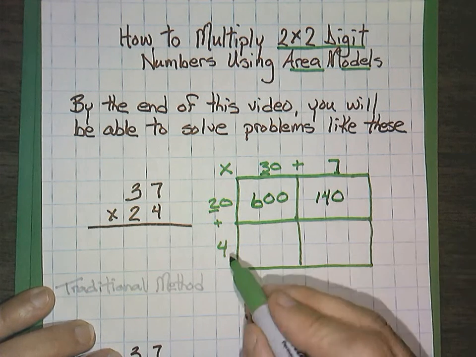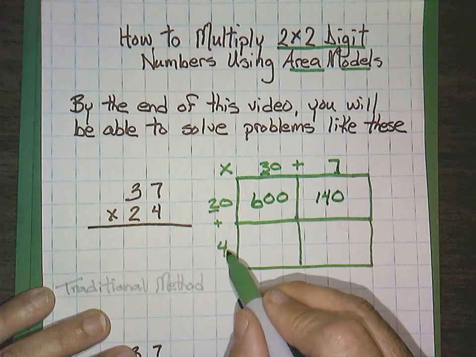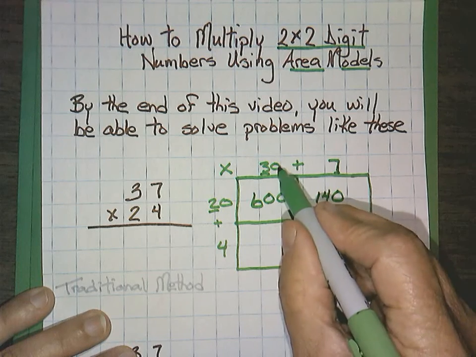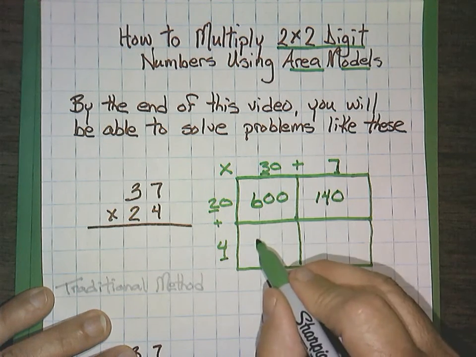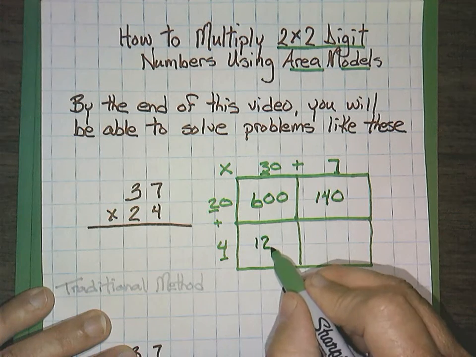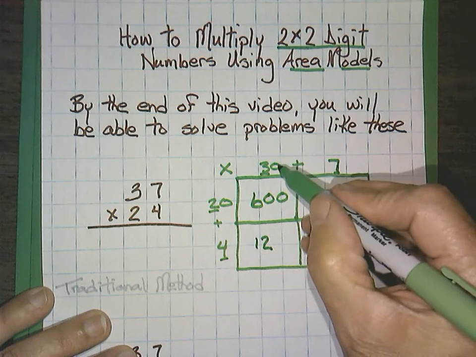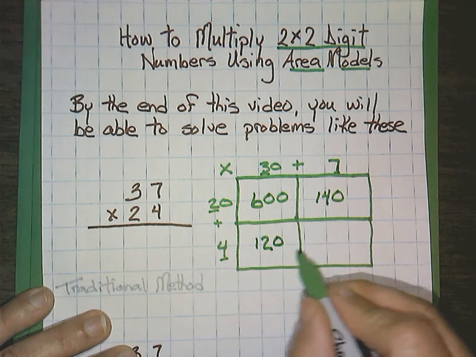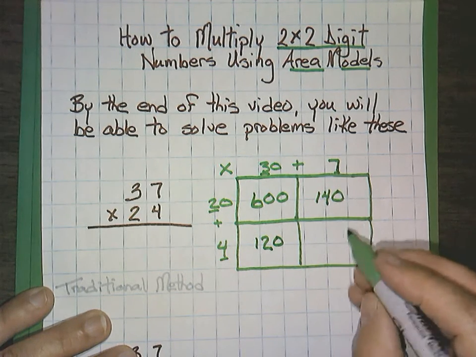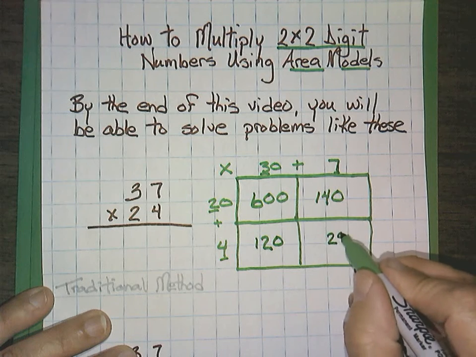If I come down to here, the 4, it would be 4 multiplied by 30. Well, I can just go 4 times 3 is 12, and then count your zeros. In this case, I have 1, and write your zero for 1. And finally, 4 multiplied by 7 would be 28.